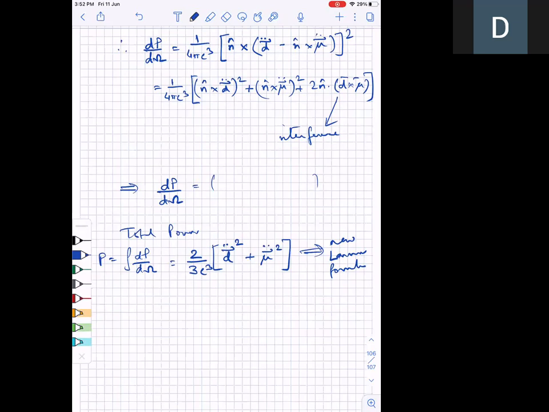So if we do it correctly, in this approximation where we think of the whole charge configuration as a dipole, we not only have an electric dipole, because we have currents in it, we also have a magnetic dipole.